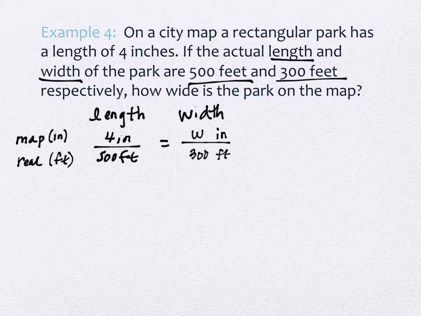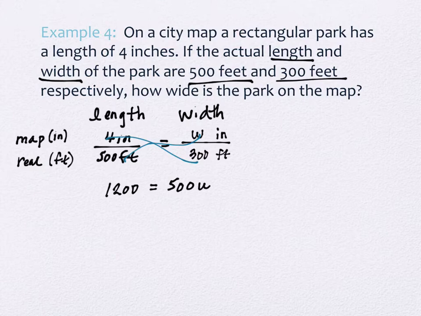Wonderful. Again, there are other ways we could set it up. This one works just fine, so we're going to go with it. We'll cross multiply. 4 times 300 is 1,200 equals my 500 W. And then what?